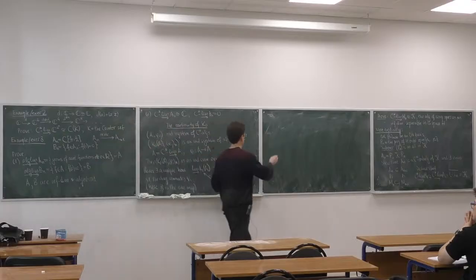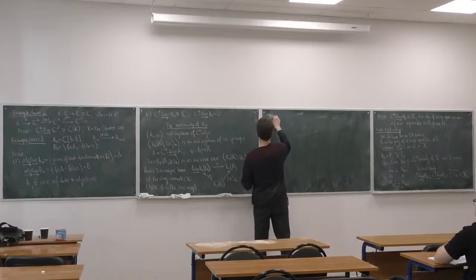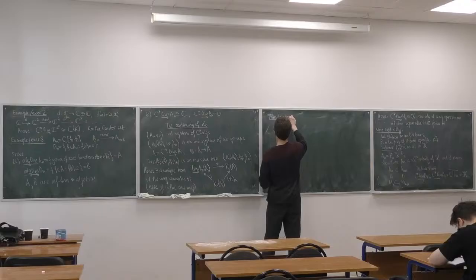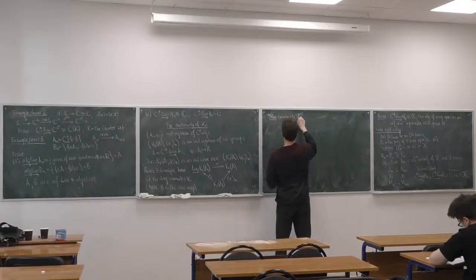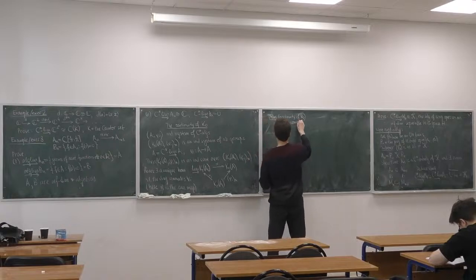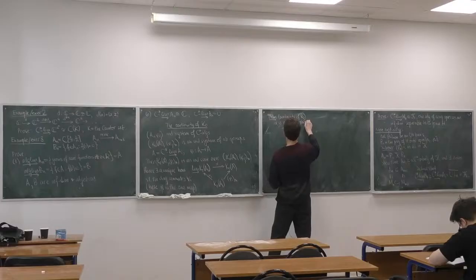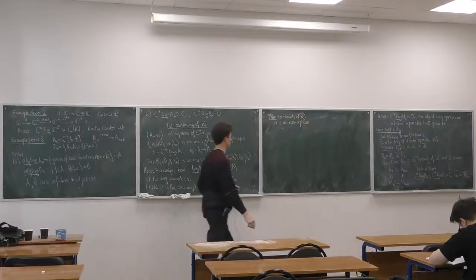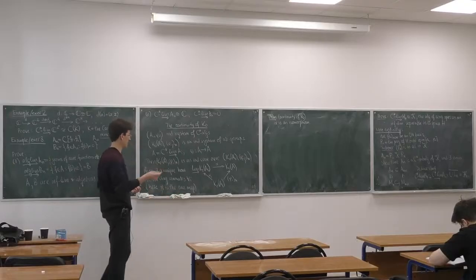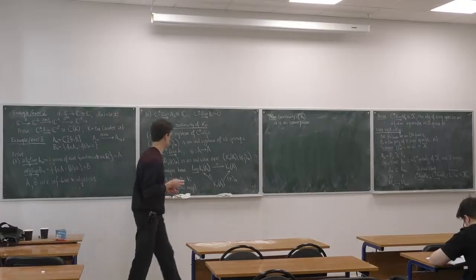I claim, and this is our main theorem for today, the continuity of K0. I claim that alpha is an isomorphism. So in some sense, we see that K0 commutes with inductive limits.